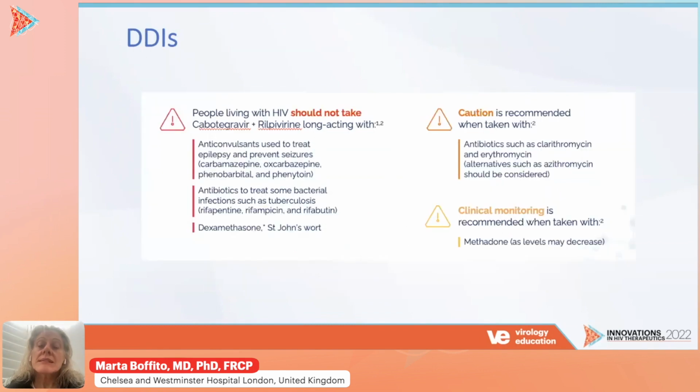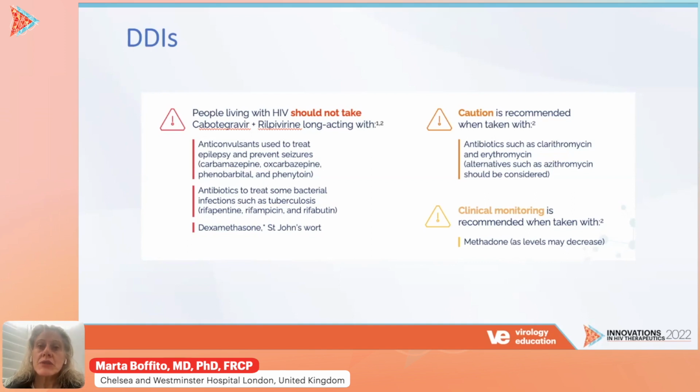What is also important for those of us who prescribe or administer long-acting agents for the treatment of HIV is the knowledge about drug-drug interactions. And the good news is that there are not many drug-drug interactions we need to remember for cabotegravir and rilpivirine because they are not perpetrators of drug-drug interactions, and they can be victims of only a few interactions. So co-administration should be avoided with strong inducers of cabotegravir and rilpivirine metabolic pathways, which are mainly UGT1A1 and cytochrome P450 3A4 respectively.